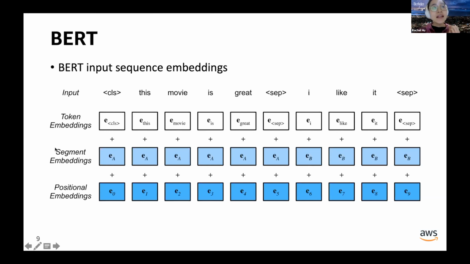And then moving to the next layer, we have this segment embedding layer, which works to distinguish a pair of sentences, with embedding A and embedding B for these two sequences. And moving to the bottom, we also have this positional embedding.